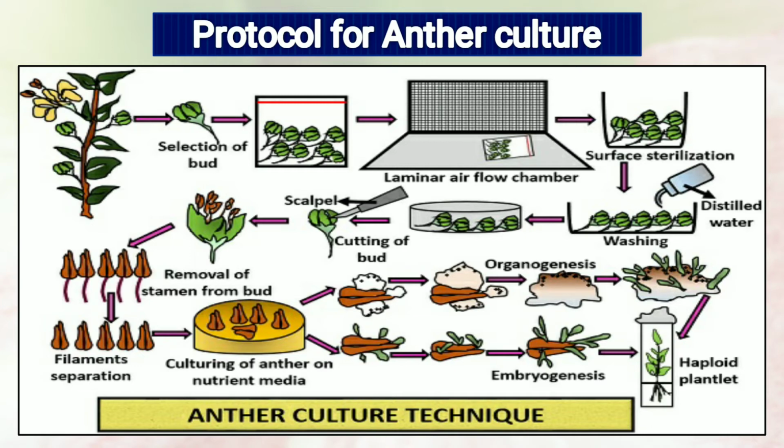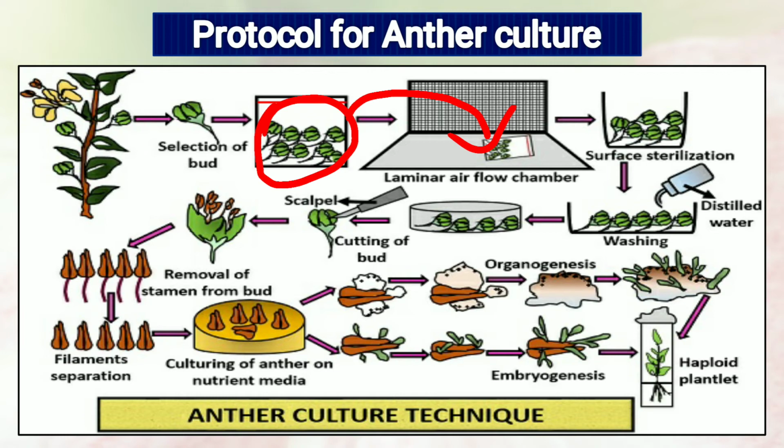Measure the length of each bud in centimeters and select flower buds of 20 to 22 mm in length, when the length of the sepals equals that of the petals. Then transfer the selected buds to the laminar flow. This is the selected buds being transferred to the laminar flow.